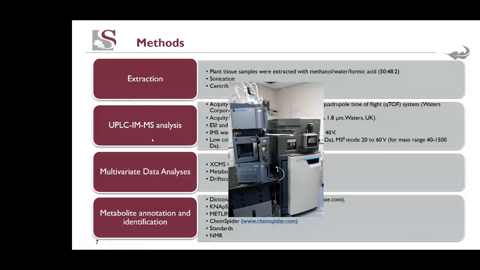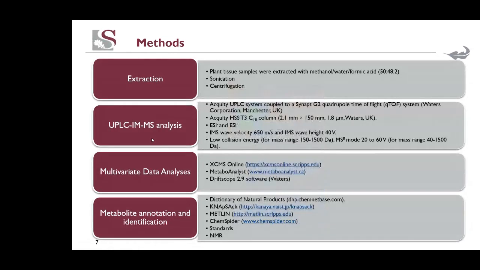The resulting data was then uploaded onto different software, where XCMS, which is an online software, was used to process the data. The resulting data matrix was then uploaded onto MetaboAnalyst. MetaboAnalyst provides you with different figures, such as a principal component analysis, which is a PCA.